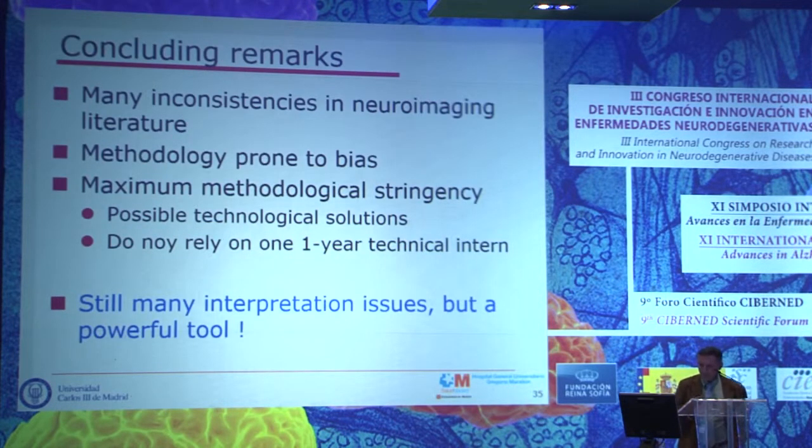So to conclude, I'd say that we've talked about the many inconsistencies we can find in the literature of neuroimaging, that the methodology we are using is prone to biases, but anyway, there are possibilities of facing the problem. And although there are still many interpretation issues, as I said at the beginning, this is a very powerful tool, but like any very powerful weapon, it has to be handled with care.